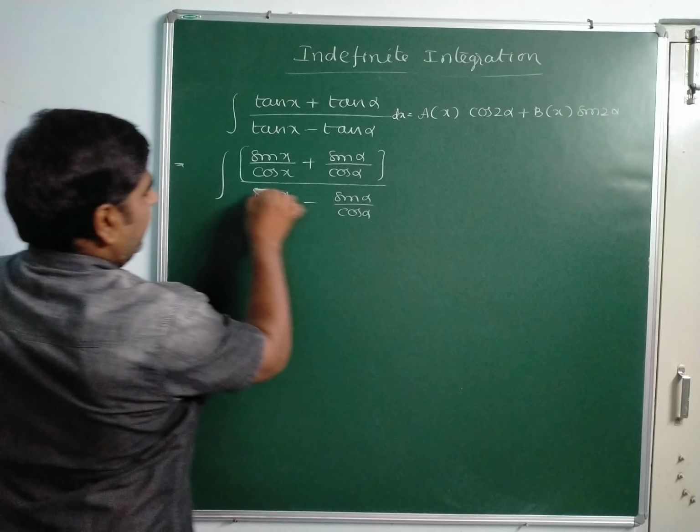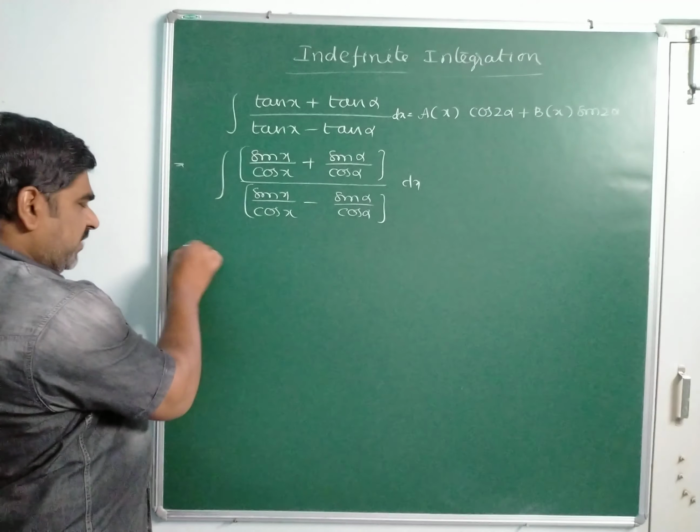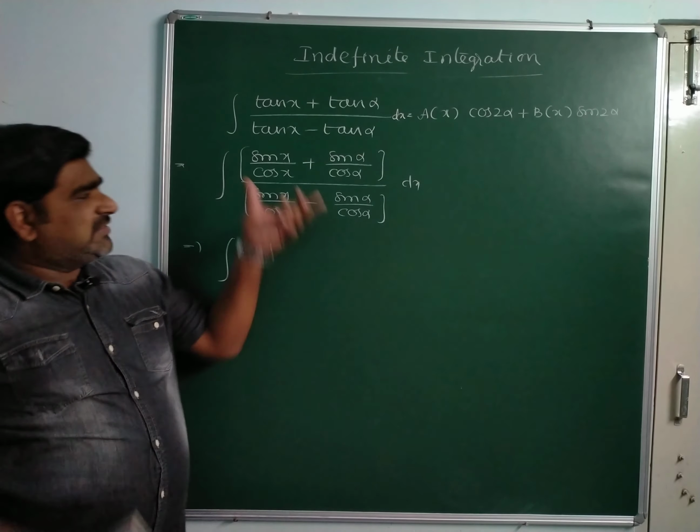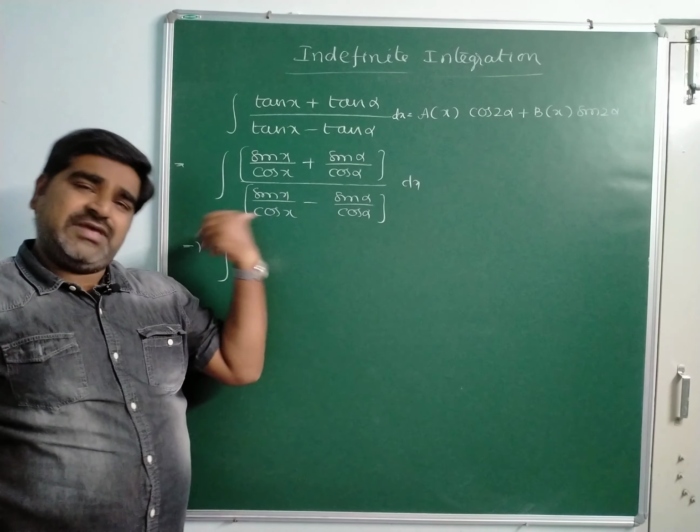This is numerator and this is denominator, all dx. Now take the LCM in both the numerator and denominator. The LCM is cos x cos alpha in both, and after taking the LCM it gets cancelled.